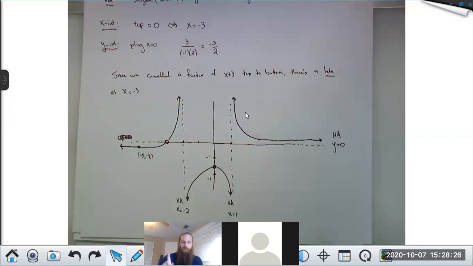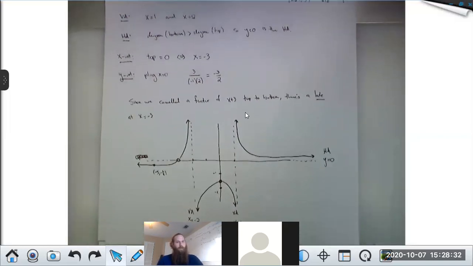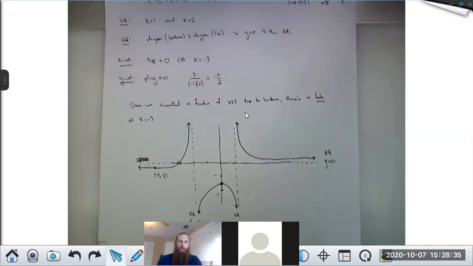There's one last thing that I would like to say about rational functions, and it will be very helpful when it comes to drawing graphs. You know how with polynomials, if you have a root of odd multiplicity, you cross the x-axis, and if you have a root of even multiplicity, you bounce off the x-axis?